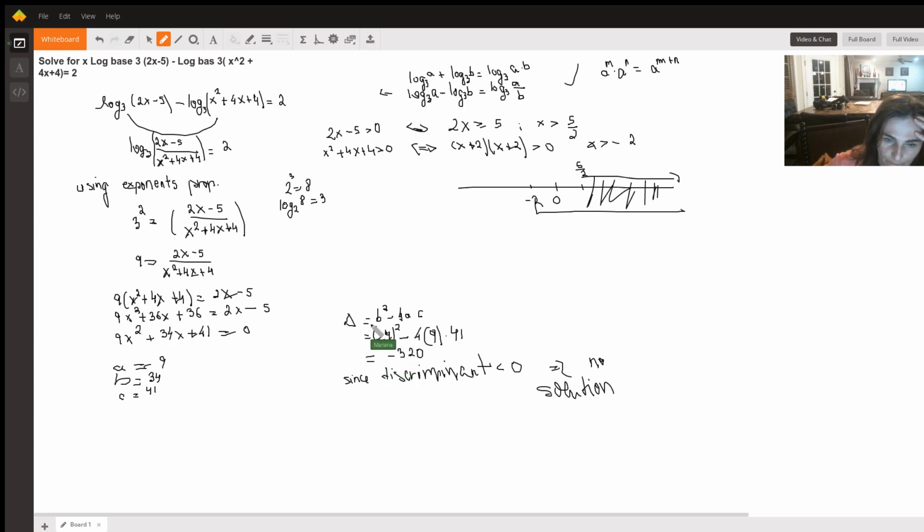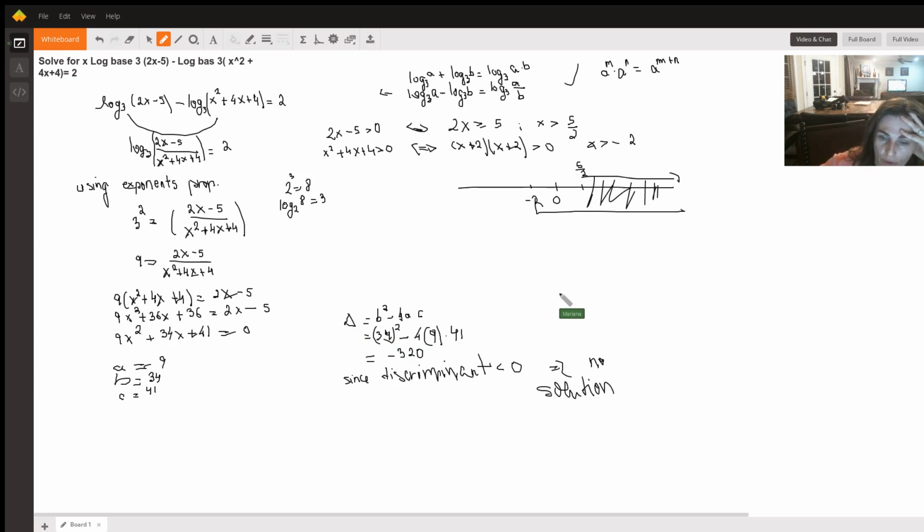If I look at this equation, a is 9, b is 34, and c is 41. So by replacing into the discriminant formula, I can see if I have real solutions or imaginary solutions.